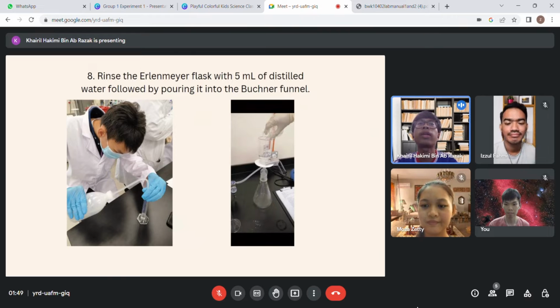Procedure number 8 is to rinse the flask with 5 ml of distilled water, followed by pouring it into the Buchner funnel. You can see that Lindsay is pouring 5 ml of distilled water into the Buchner funnel.